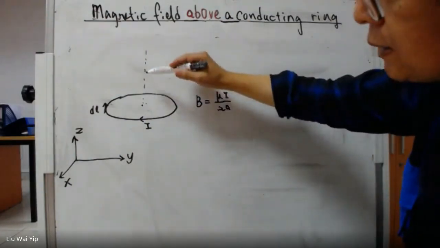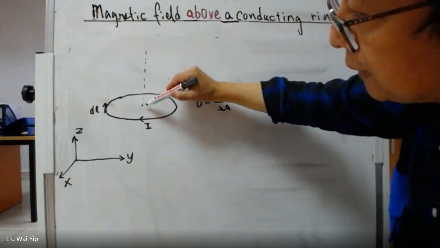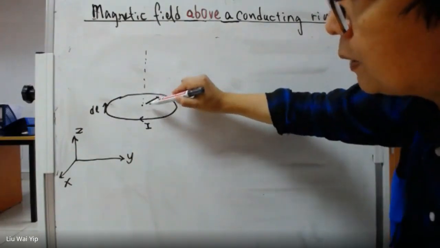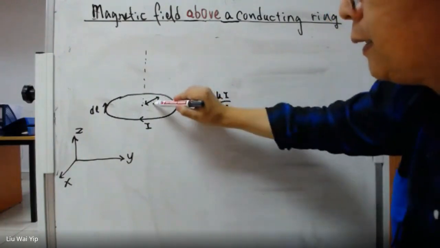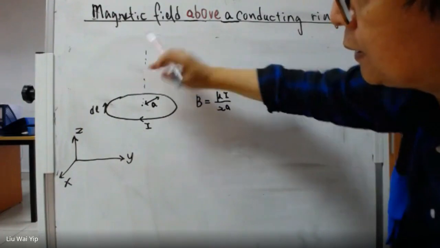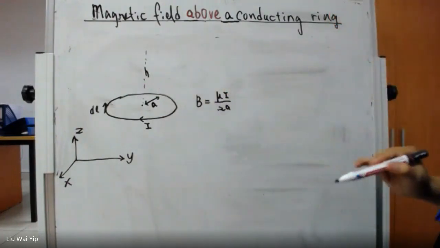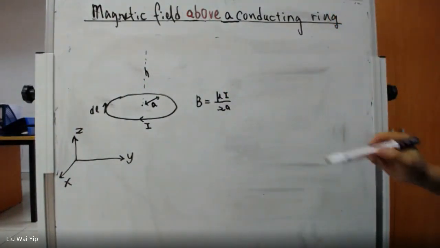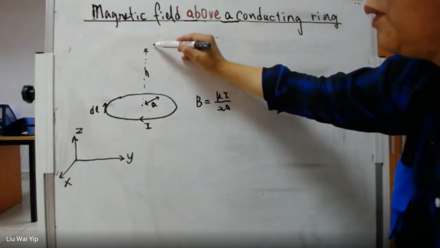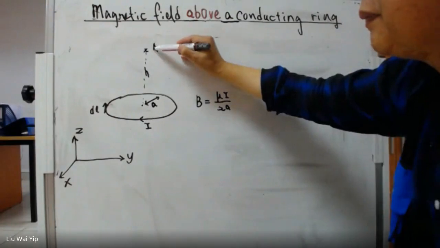Let's assume the radius of this ring is always A, and the height is H. We are going to detect the magnetic field at this observation point A.